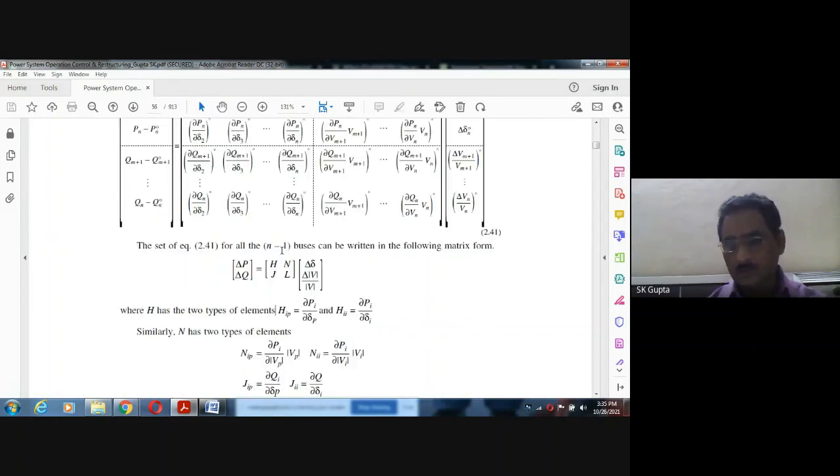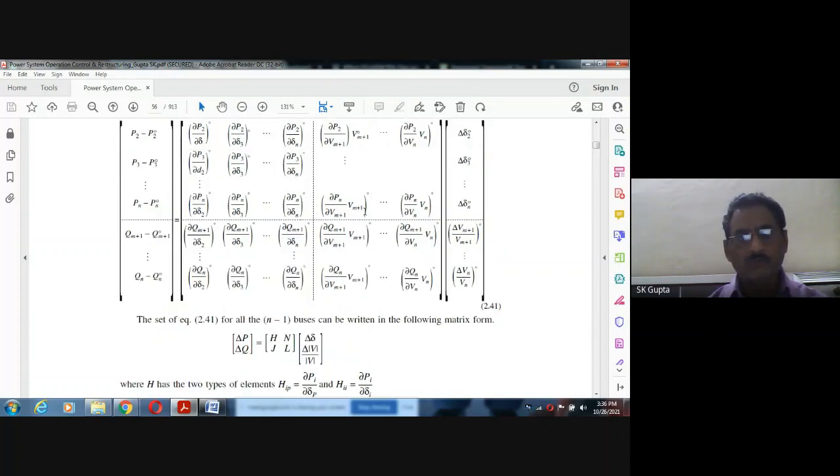One more thing, before obtaining the values of J1, J2, J3, J4, we do some more modification in this basic matrix. This is our basic matrix. If you remember, the same matrix is there, the only difference is here also you see the same P2 to Pn, here Qm plus 1 to Qn, same equation, the same left hand side.